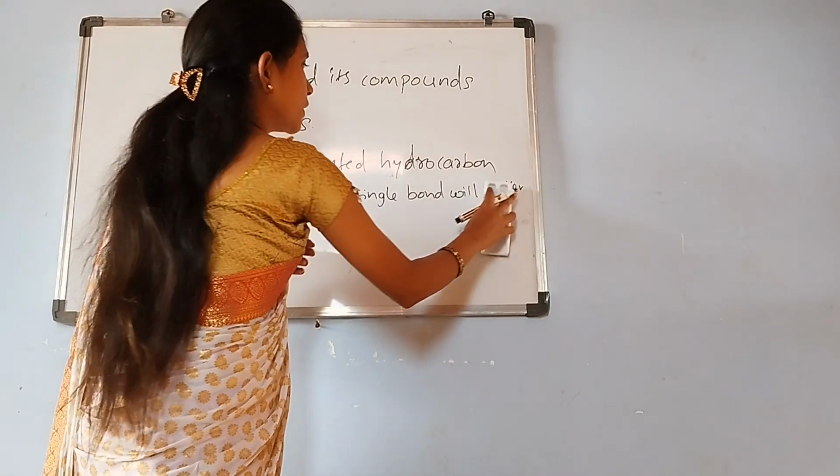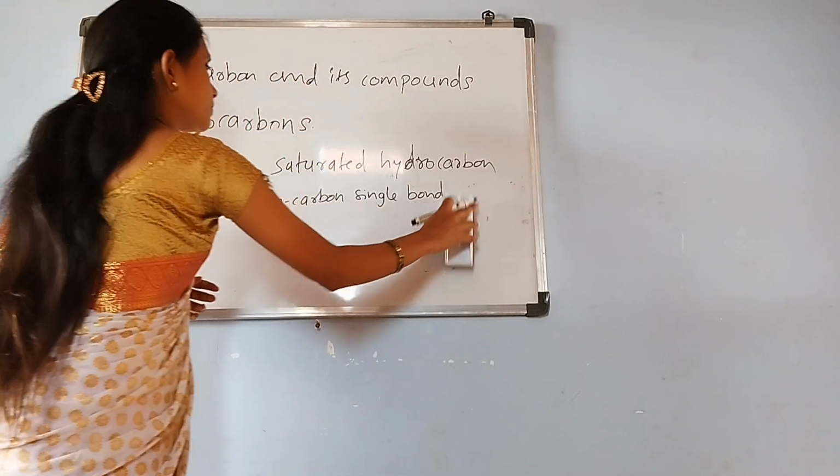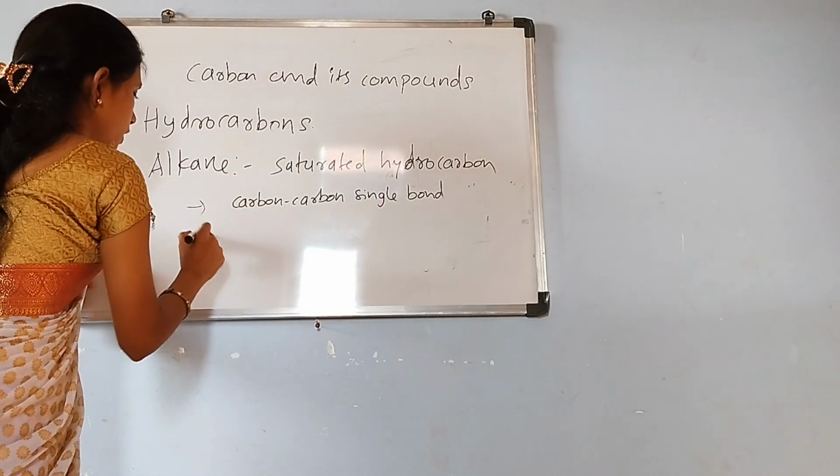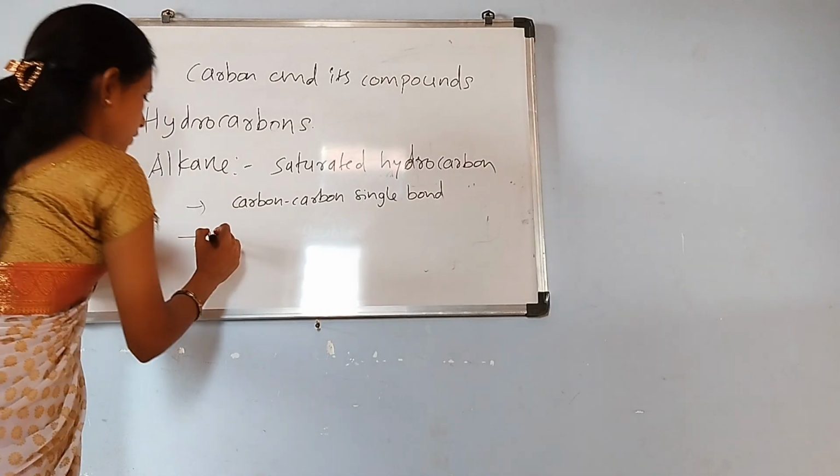So a single bond will be there in this case, and we are calling these alkanes paraffins.